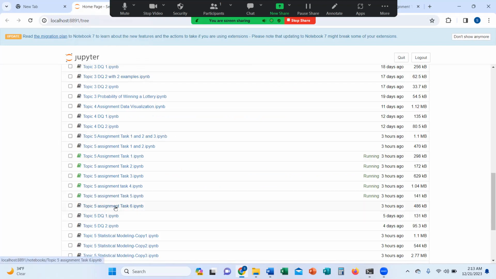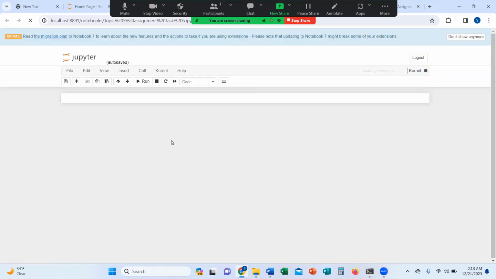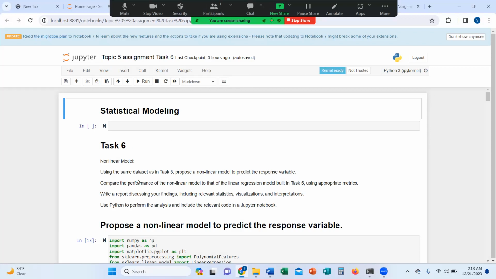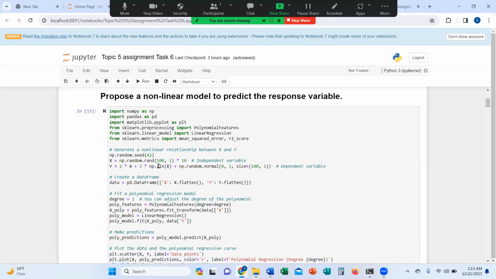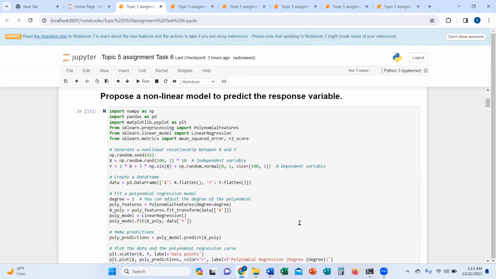And for task 6, I use the data set from task 5 to propose a nonlinear model to predict the response variable. What I have here is the polynomial regression model was with a slightly lower MAE, indicating that on average, it makes smaller absolute error compared to the linear model.